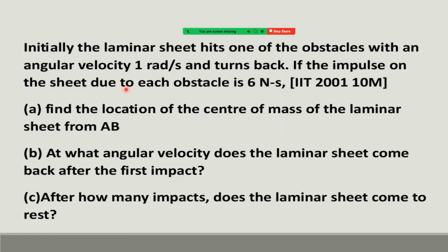If the impulse on the sheet due to each obstacle is 6 Newton second, find location of center of mass of the laminar sheet from AB. At what angular velocity does the laminar sheet come back after the first impact? After how many impacts does the laminar sheet come to rest? This was asked for 10 marks in 2001.